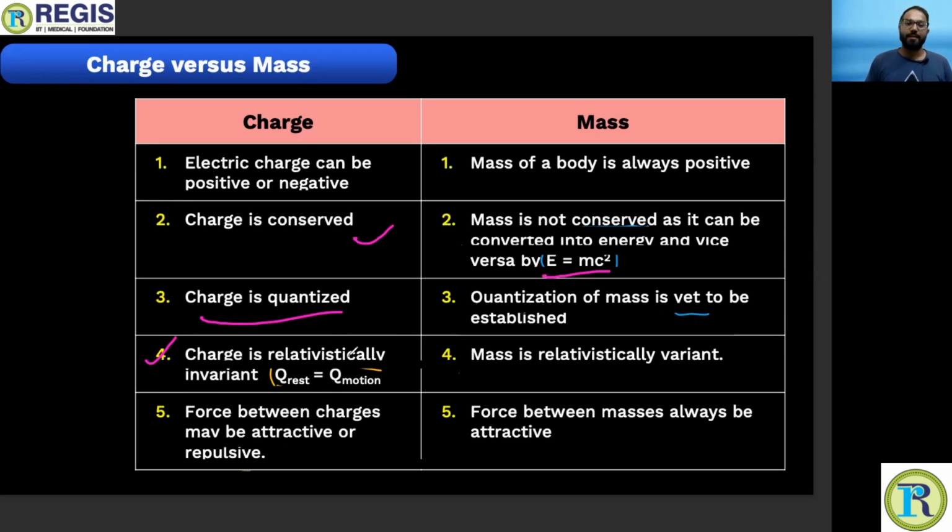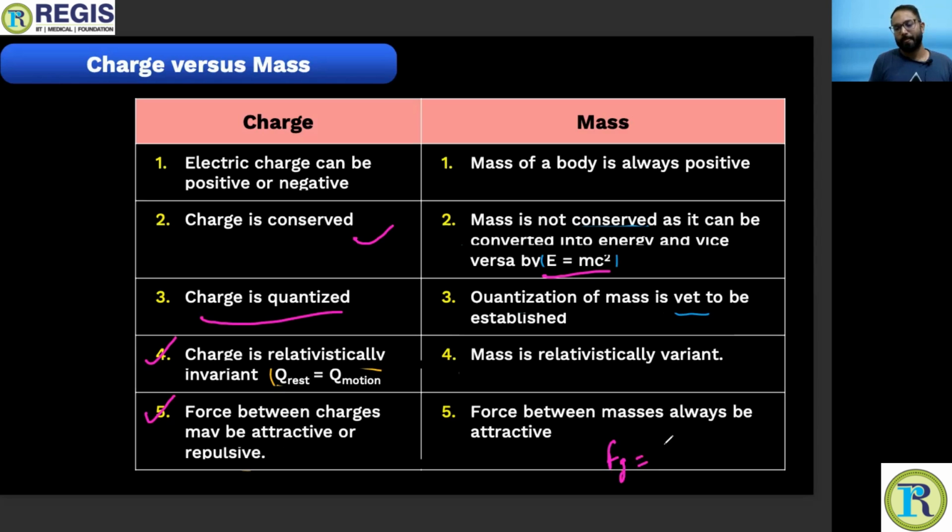Clear? Fifth property, force between charges can be negative also, so it can be attractive also, repulsive also. But in case of force between masses, it is always attractive. Okay, I think most of you remember the formula for force between masses, that is gravitational force.